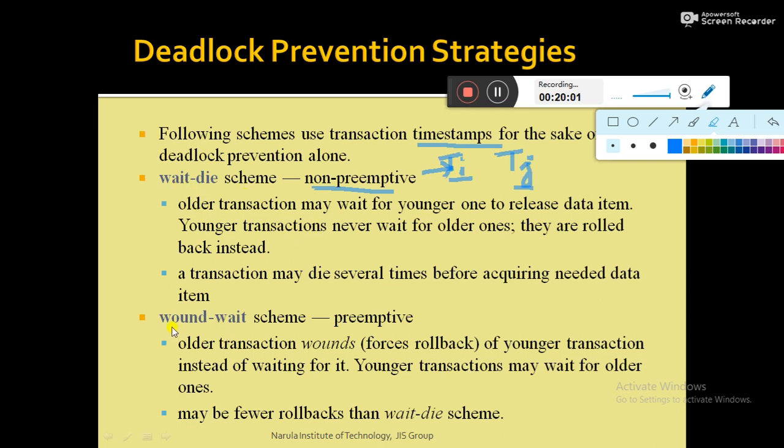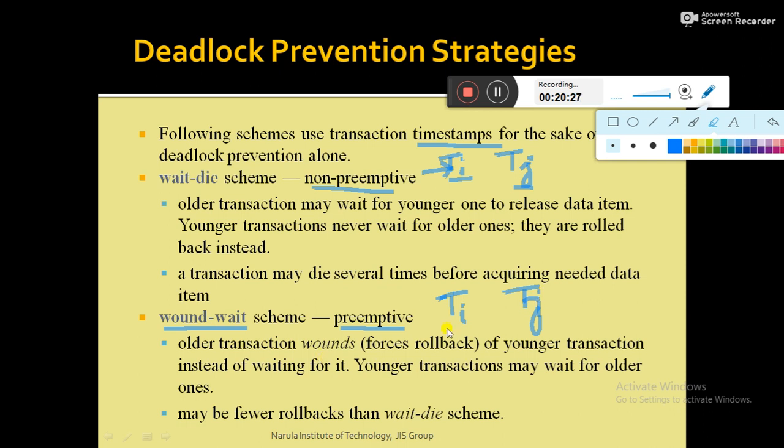And the counterpart of the wait-die scheme is the wound-wait scheme, which is preemptive type. Preemptive type means, let's consider Ti and Tj, two transactions executing in the system.